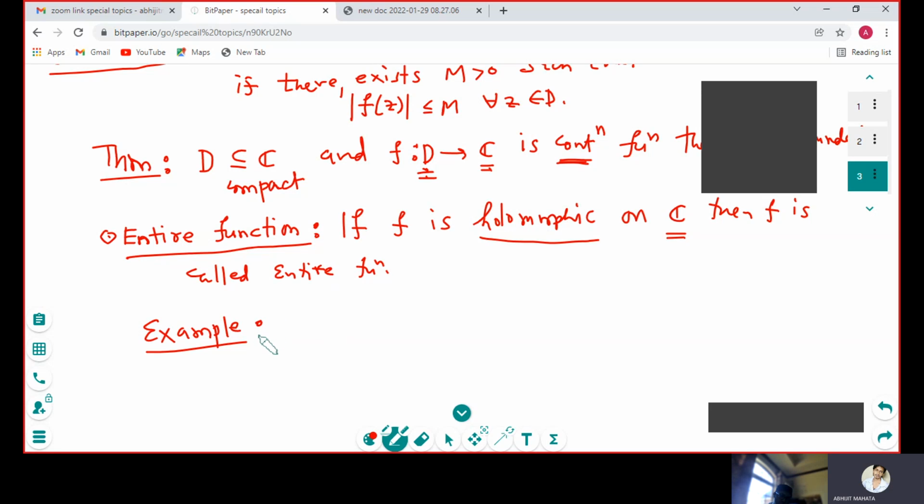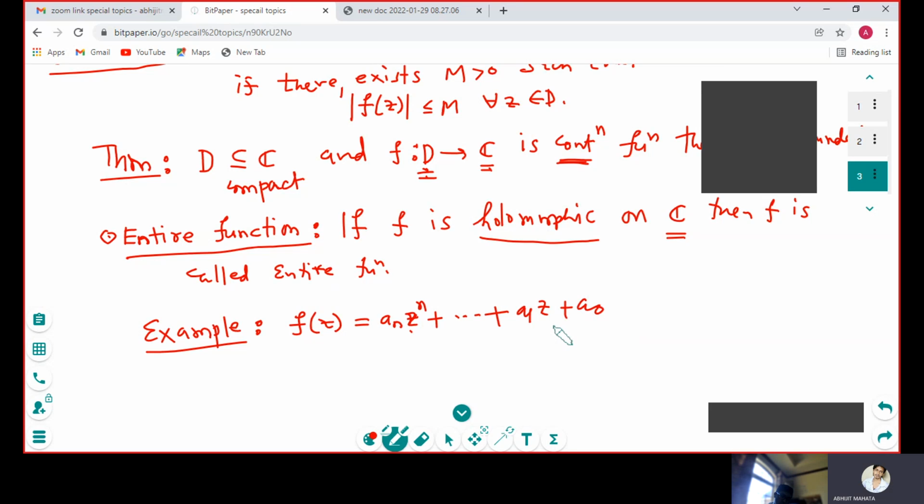So as an example, let's say f of z is a polynomial. It is an entire function, because it has domain the whole complex plane. You can put in place of z any complex number, and the output will be a complex number.